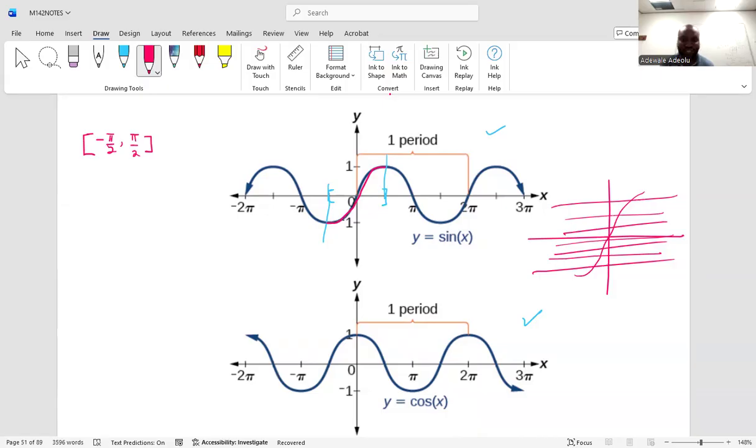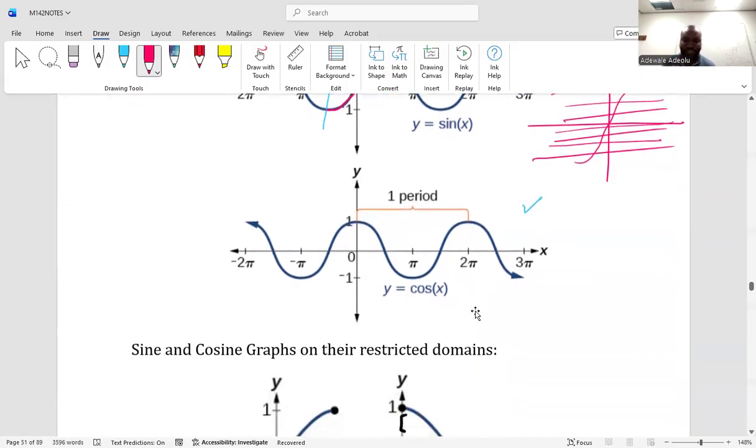The same thing with the cosine function. Let's see. I can restrict it from here to here, meaning I have something like this, from 0 to pi. So I can restrict that domain from 0 to pi.